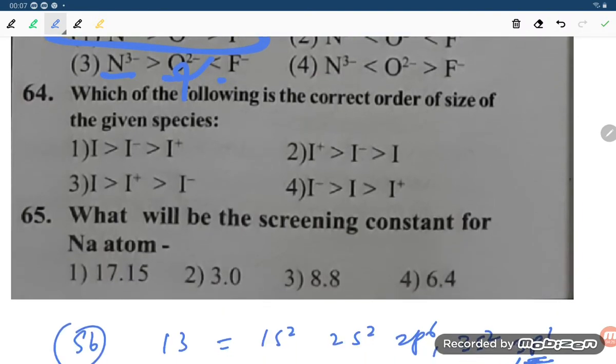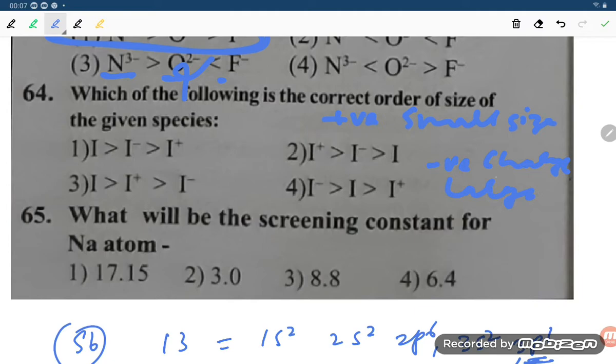Now let us move to problem number 64, student. Which of the following is the correct order of size of the given species? I minus, I, I plus are there. Student, positive charge means small size, right? Negative charge means large size.